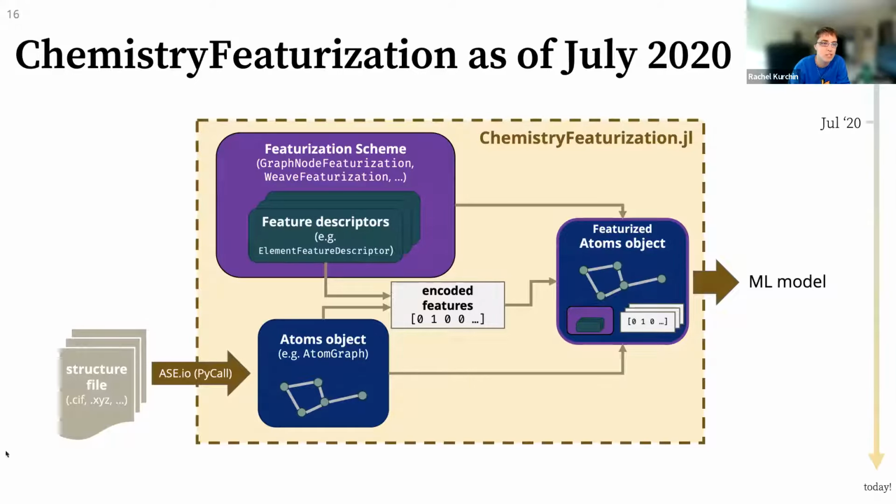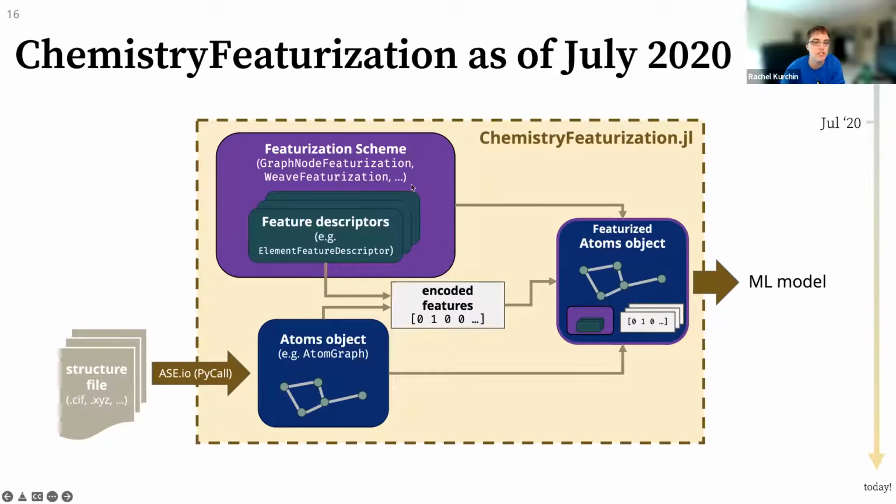So the idea here was that basically chemistry featurization would function as a configurable way to take in some sort of structural file and output something conforming to those design principles that could be directly fed into a machine learning model. So we conceptualized different components of this. One is the actual structure representation of the atoms itself, which might be a graph. It might be a set of 3D coordinates, other sorts of things.